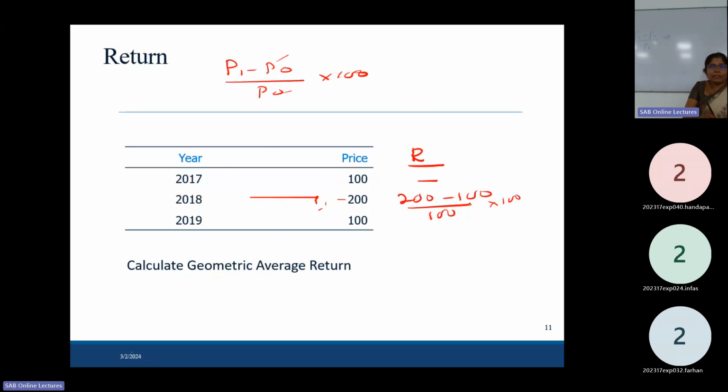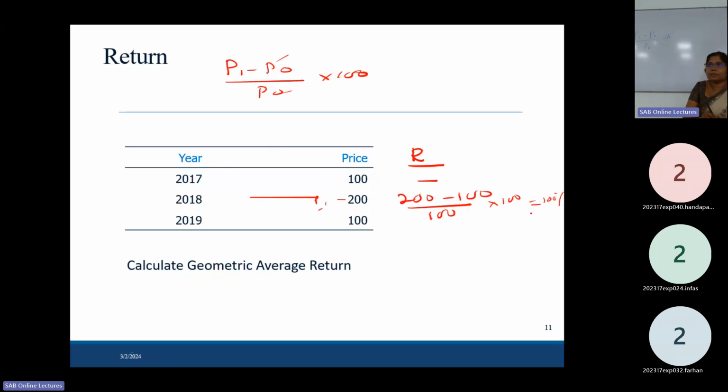So how much is the annual return for 2018? Yes, that is 100%.